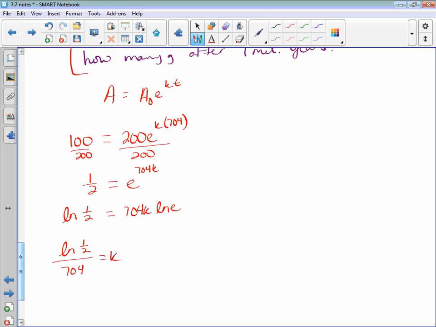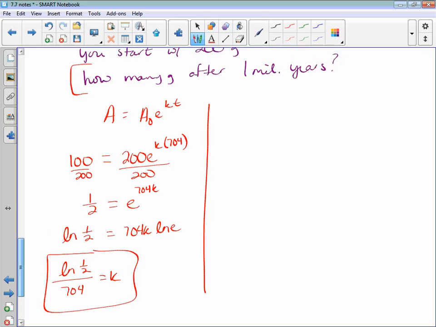We are not done. So that is our k, but now we're going to come over here and actually figure out how many grams are going to be left after 1 million years. So we need to figure out the amount. We started with 200, e to this lovely k, times 1, because this is 1 million. Just put it in the calculator.